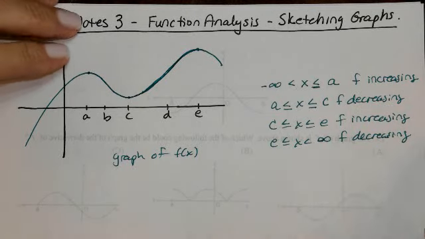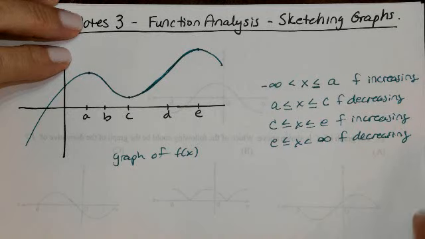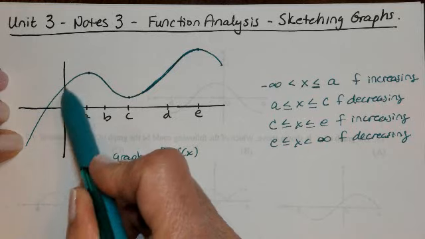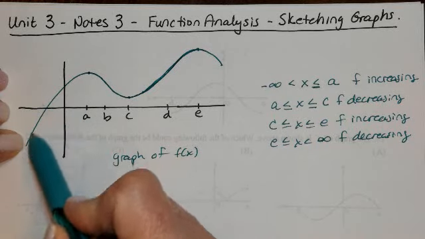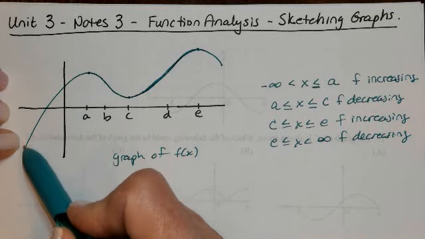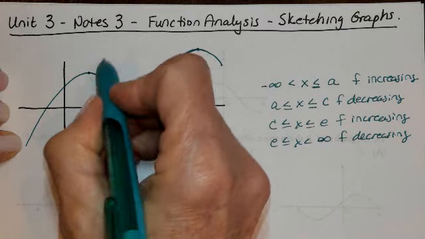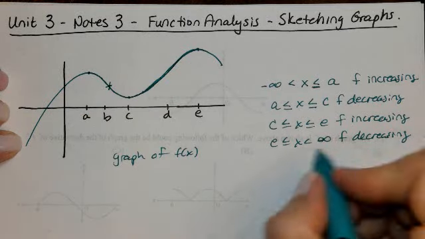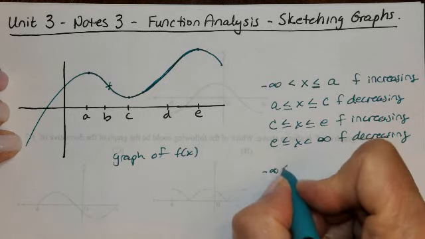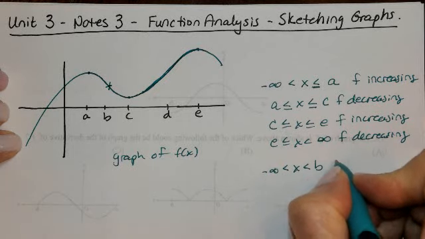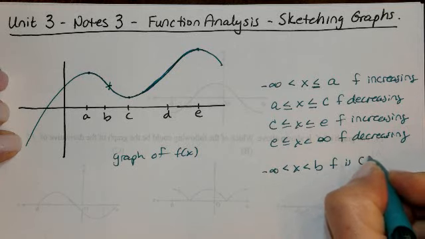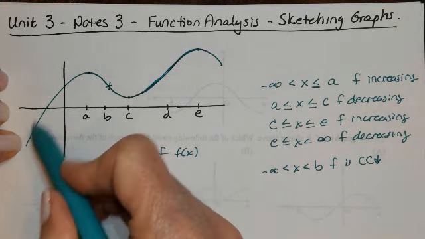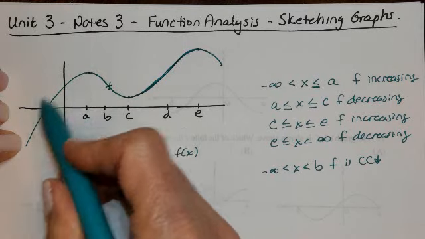We also talked about concavity. For concavity, f would be concave down from negative infinity to b, somewhere around here. I'm going to make that point of inflection right at b. It's concave down because any tangent line would be above the curve.